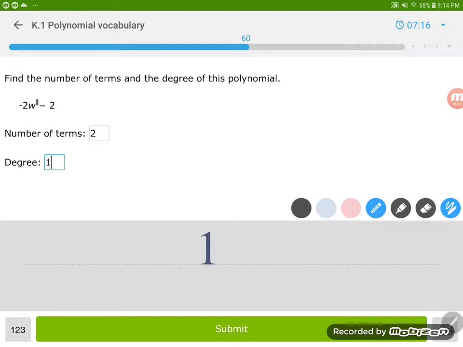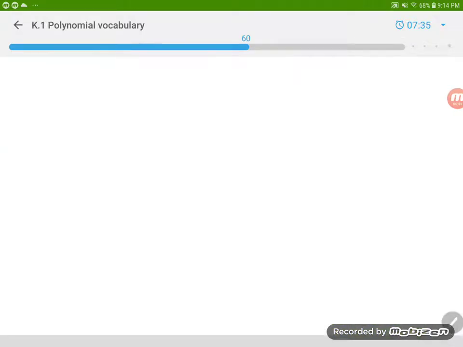And likewise, this 2, we can think of it as being 2 times w to the power of 0. In this case, we see that our powers are 1 and 0, and so our degree is going to be 1.